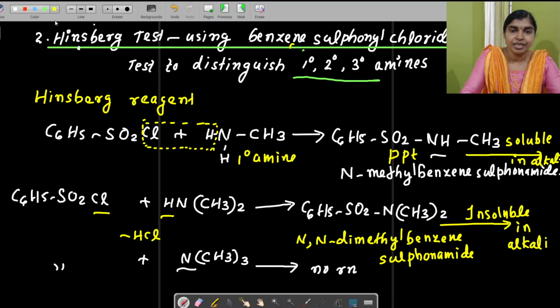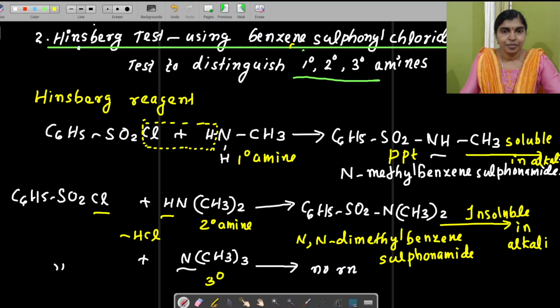So what about the Hinsberg test? This is the secondary amine and this is the tertiary. How do you explain the Hinsberg test? When the Hinsberg reagent reacts with the primary amine, you get a precipitate that is soluble in alkali. The secondary amine reacts with benzene sulfonyl chloride and forms a precipitate, but that is insoluble in alkali.